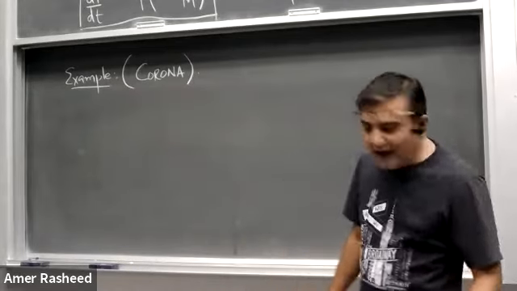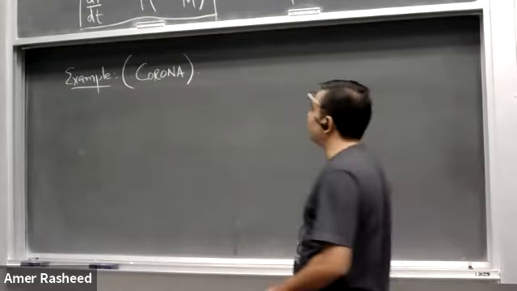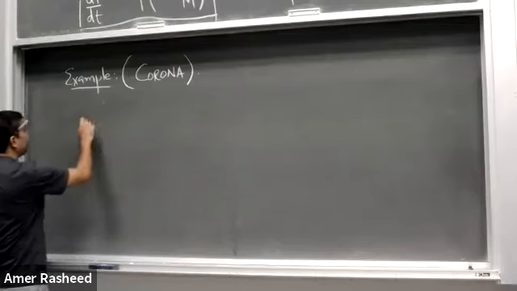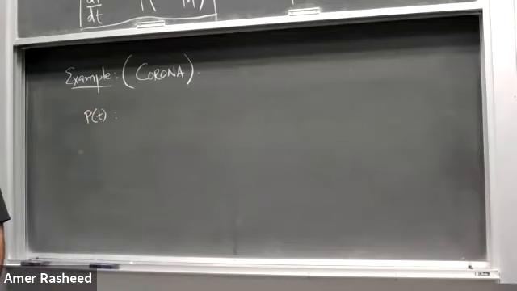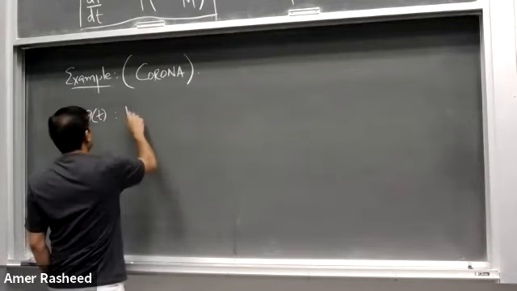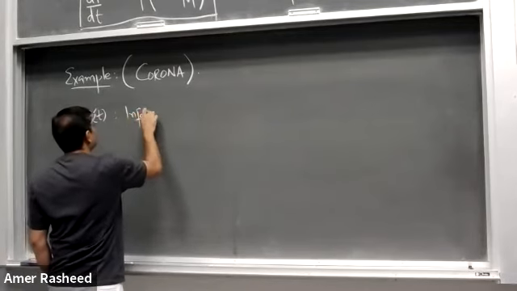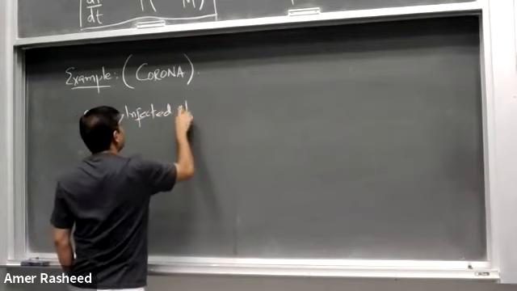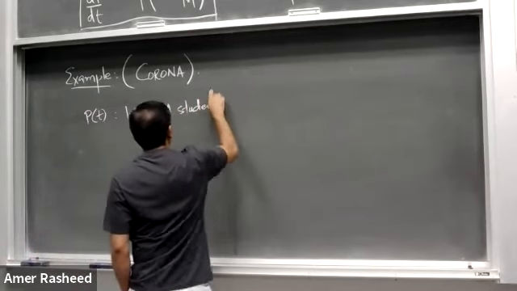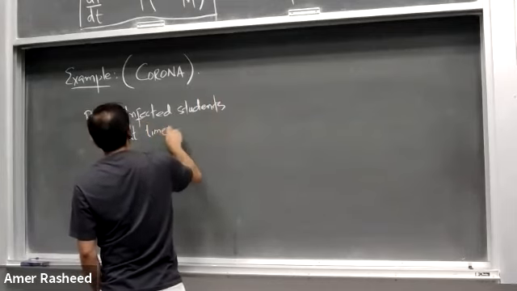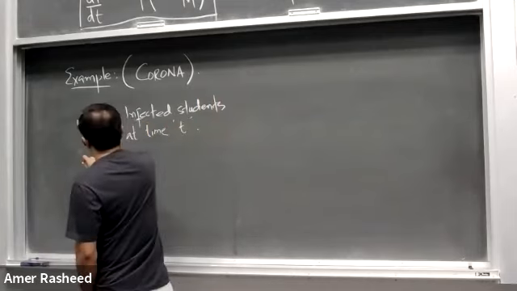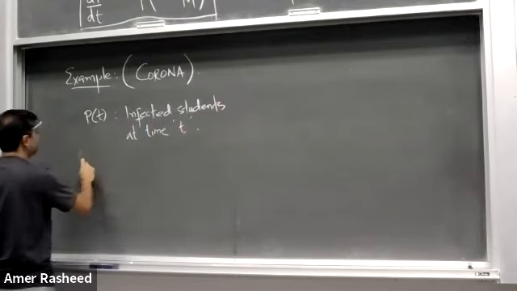Okay. Now in that case, if we assume that X of t or P of t is the number of students who are infected, okay, P of t infected students at time t, ठीक है, और maximum students कितने हैं?